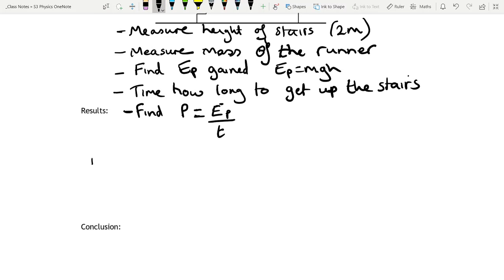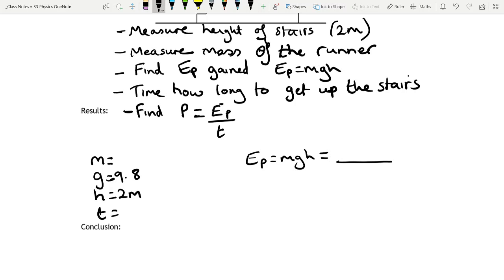So your results are going to be, write down your mass. We know g is 9.8. We know the height is 2 meters. And we need to measure the time. So your results will be EP equals mgh equals something. And then your power is that potential energy divided by time.